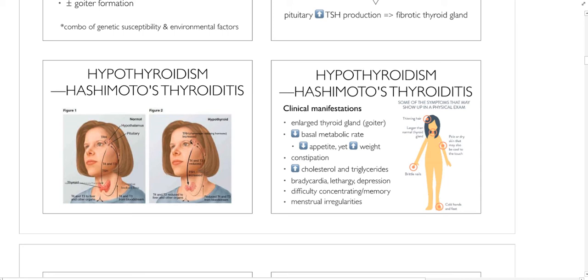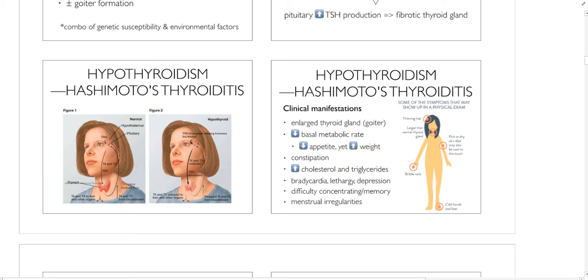So some clinical manifestations, some people may have an enlarged thyroid gland or a goiter, some people may not. There's going to be, of course, a decreased metabolic rate. So just your resting metabolic rate is going to be lowered. You're going to have a decreased appetite, but anything you do eat, because there's not much of this natural drive to utilize it in your system, a lot of it's going to be converted to fat, leading to an increase in weight gain.